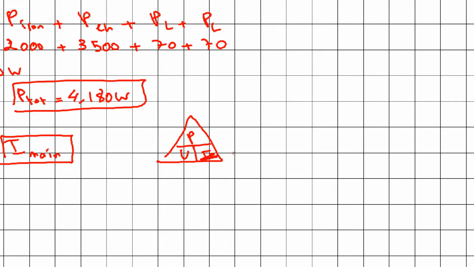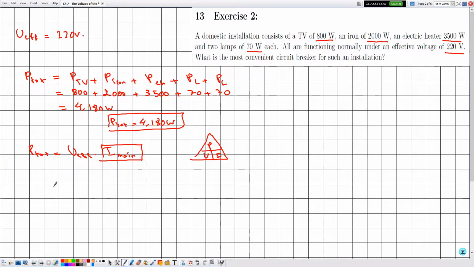Covering I with our hand, then I is given by P divided by U, which is equal to 4180 divided by the effective voltage given by 220. And in this case, so here, sorry, I have made a mistake. Now this is not given by 4180. Let me double check the calculation.